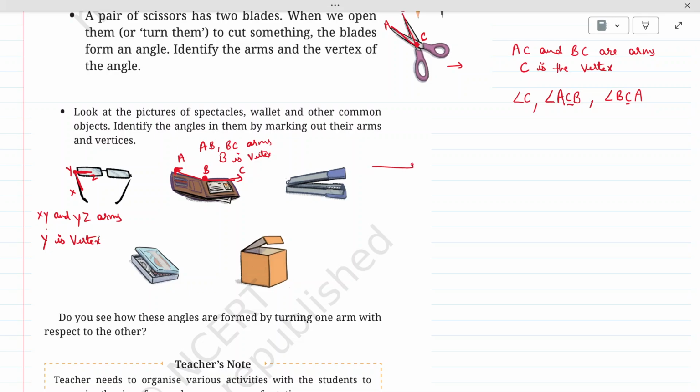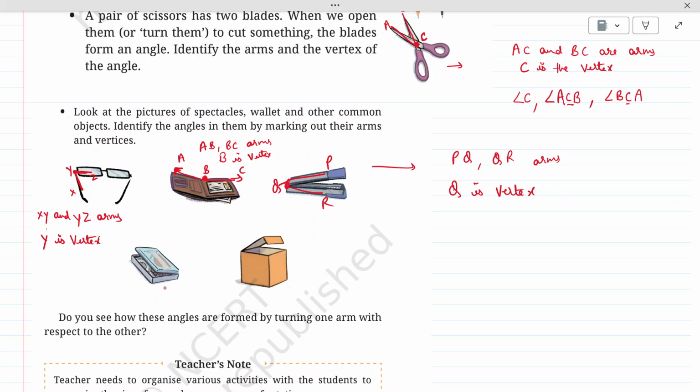Now, in case of this stapler, I'm writing here, these two are the arms. This is the common point and these two are the arms. P, Q, R. So here PQ and QR are the arms and Q is the vertex, right? Q is the vertex here.